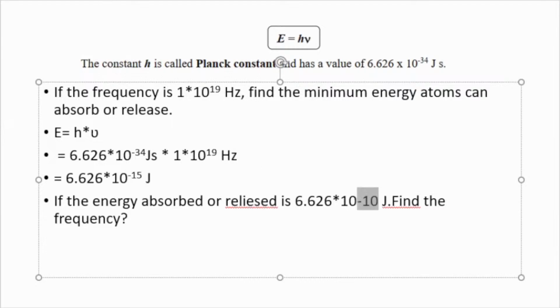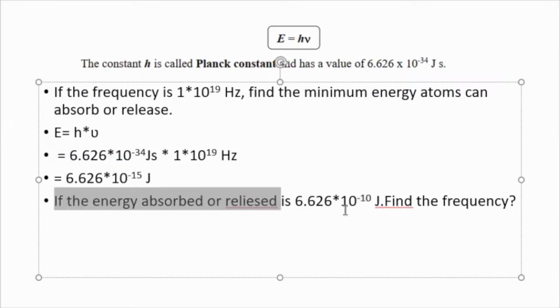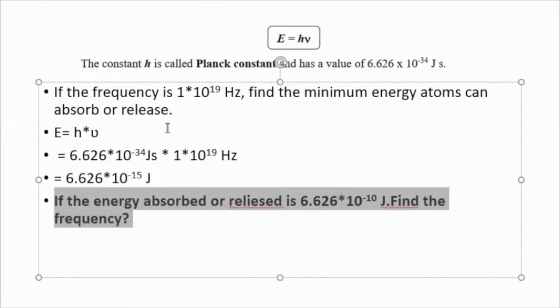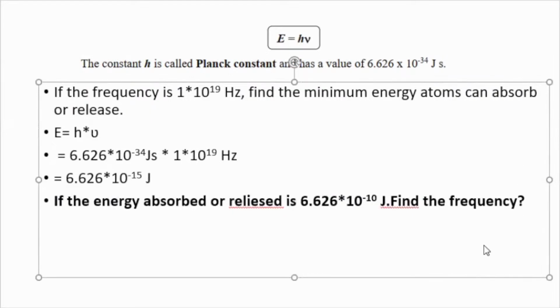Planck constant is the same always. You can use it. Okay, can you please do this one? Now you need to find the frequency. First, take the frequency as the subject, then do it.